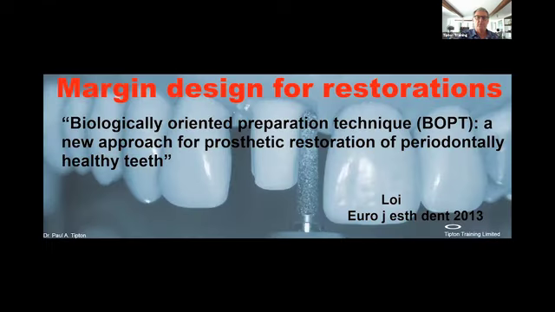So just before we go about that, let's look at some background. We've also seen since then that if we place a margin subgingivally and we change the emergence profile, that will have a bearing on the soft tissue. So this concept is a very important concept for you to get.